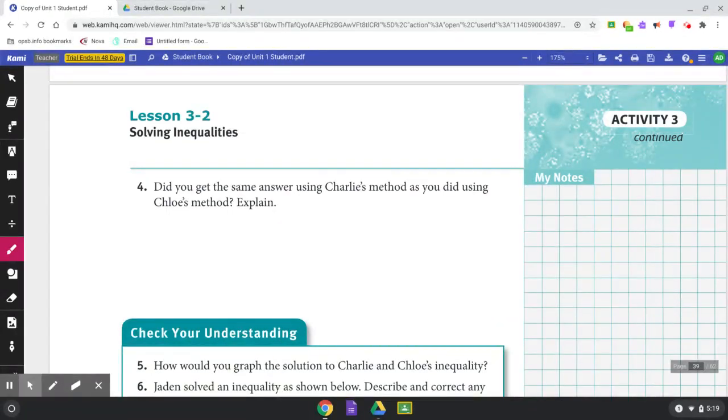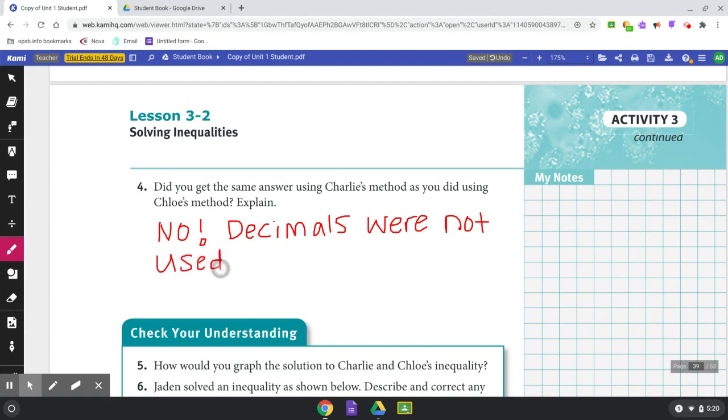Everybody that substituted in values and did a guess and check typically chose whole numbers because you're talking about toys. Whereas in Charlie's method, you use decimals. So everyone's answer here should be no, that you did not get the same answer, because Charlie's answer contained a decimal. Decimals were not used in Chloe's method.